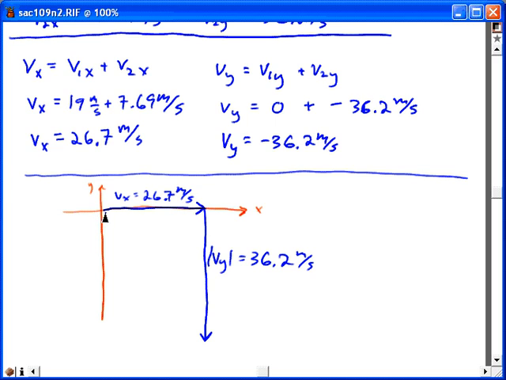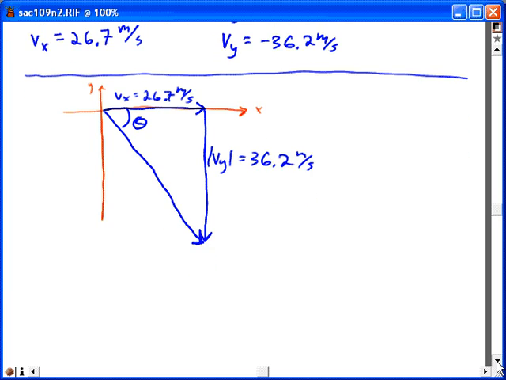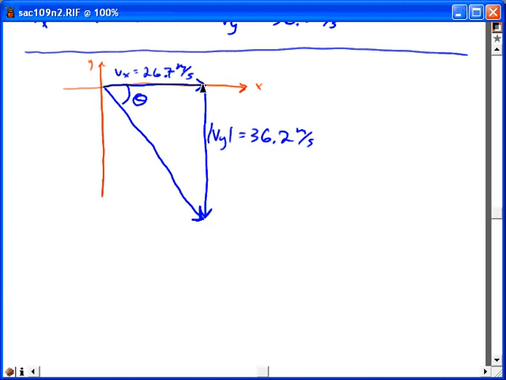So our total vector V is the one that extends from here to here. It's at some angle theta with respect to the x-axis. And if I use this diagram directly, I'm going to use my trig functions.